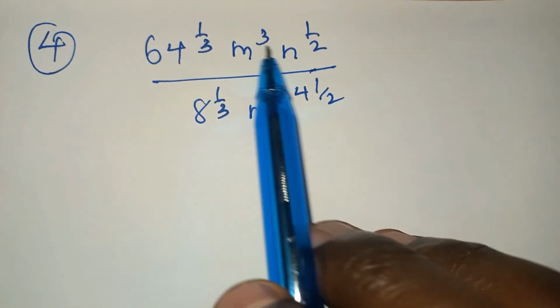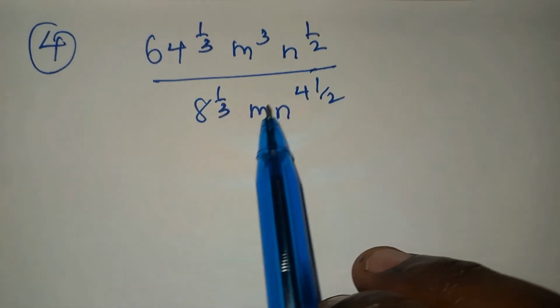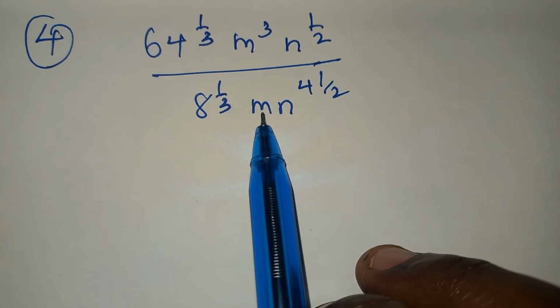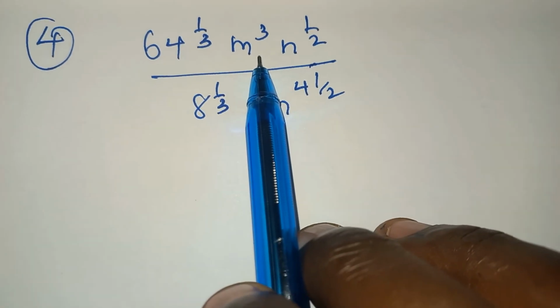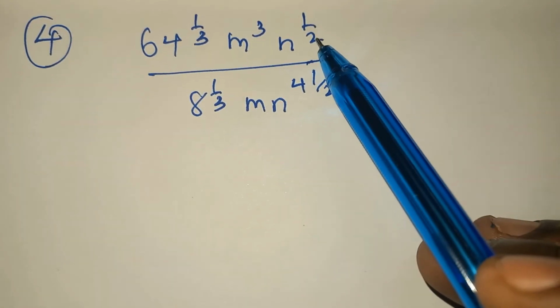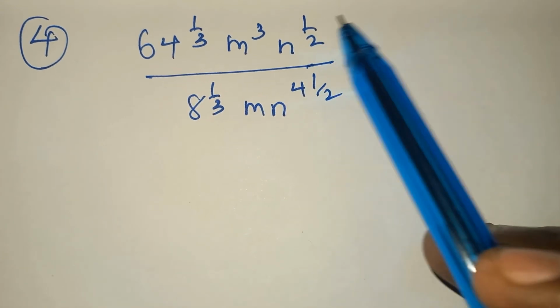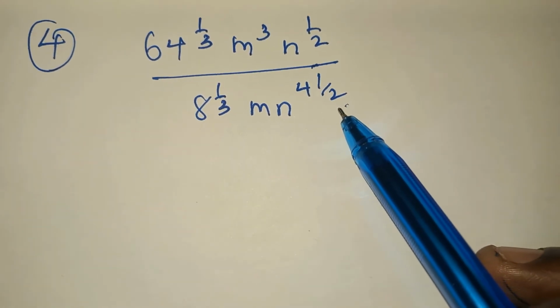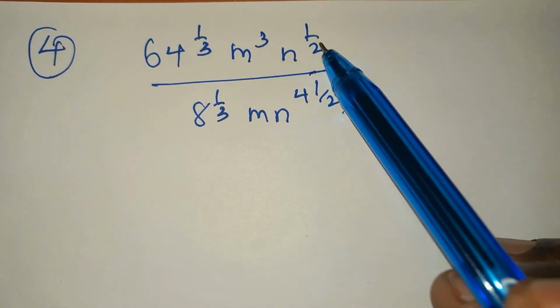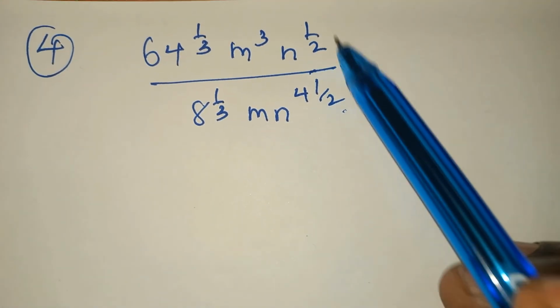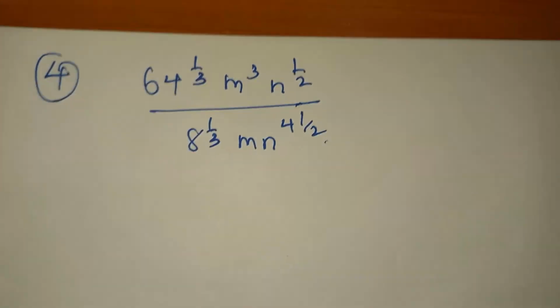And since we have m cubed and m here, we could take m upstairs using the negative index rule, and do the same, take n raised to the power 1/2 downstairs, using the negative index rule, because the power of n above is less than the power of n below.